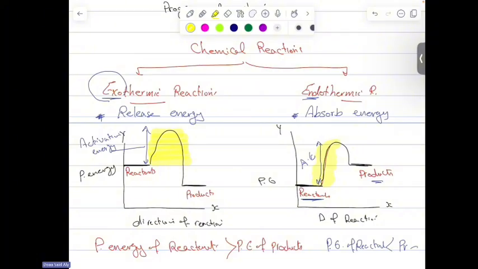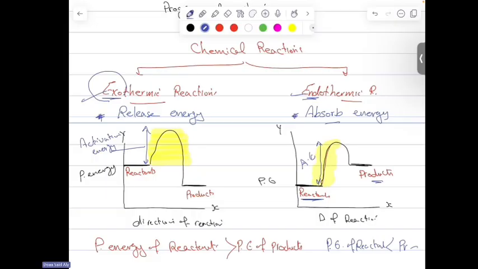Okay, so again, to summarize it, the two main types of chemical reactions: exothermic chemical reaction and endothermic chemical reaction. Exothermic: exit, release energy. Endothermic: in, take in, absorb energy.